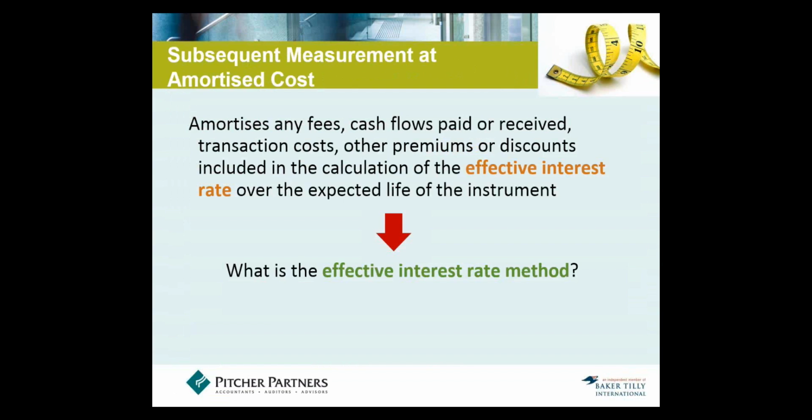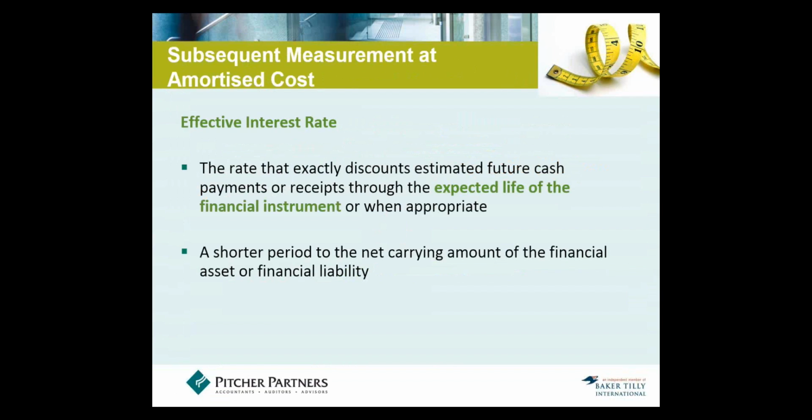And the question, in all of these slides comes back to what is effective interest rate method. So what I've said, the effective interest rate, or you would call it the internal rate of return, IRR, is the rate that exactly discounts estimated future cash payments or receipts through the expected life of that financial instrument.